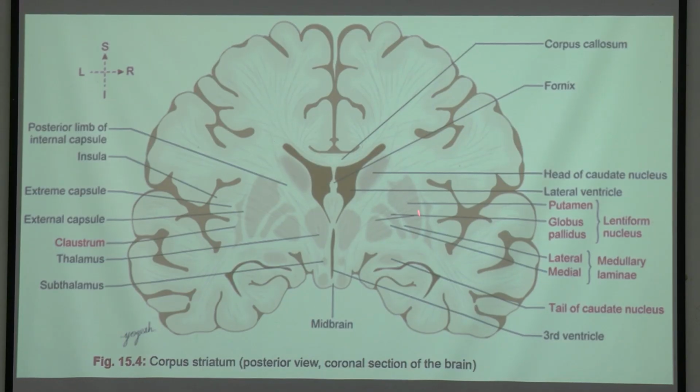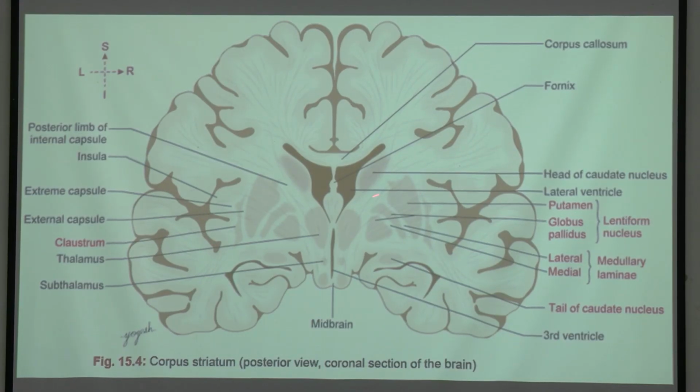Along with this, the caudate nucleus is located within the cerebral cortex, the grey matter, then the inner white matter where the fibers are coming.